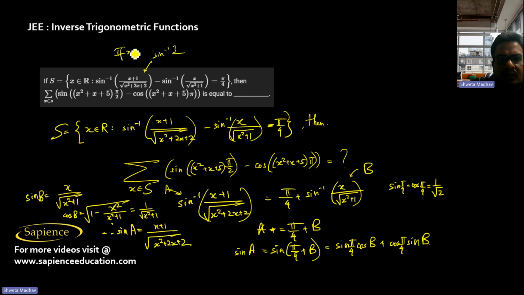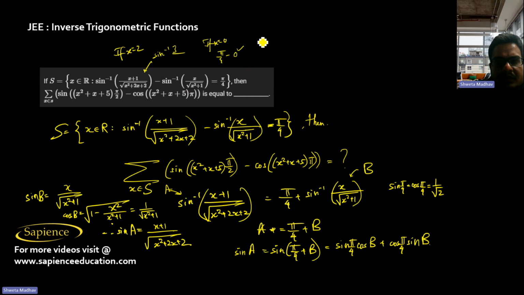If x is 0, then it will be 1 by root 2, sine inverse 1 by root 2, that is pi by 4, minus sine inverse of this, x is 0, so this will be 0 only, then it will be pi by 4.